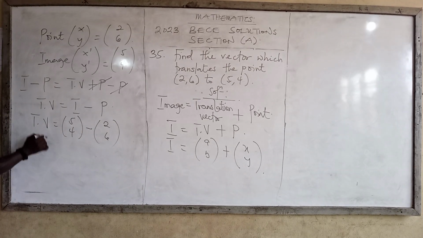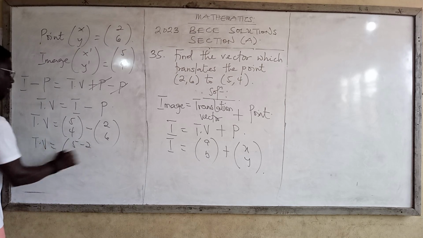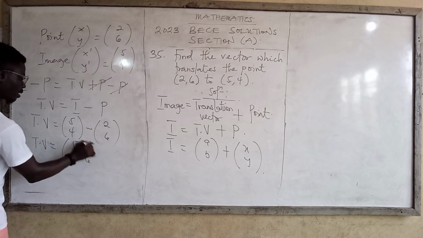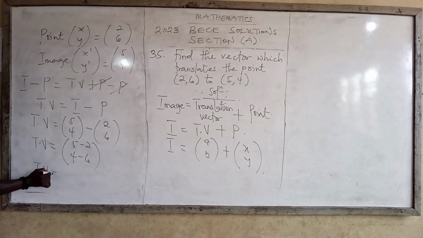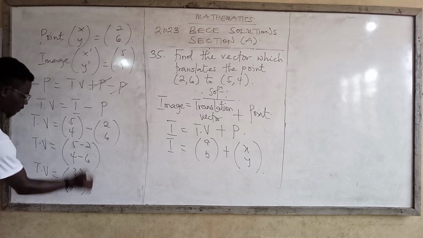So TV must be equal to subtraction of vectors. We subtract the x component, then we subtract the y component. So we get 5 minus 2, 3, and 4 minus 6, negative 2.